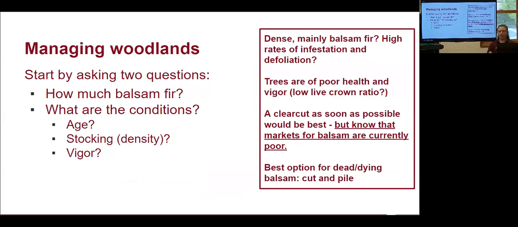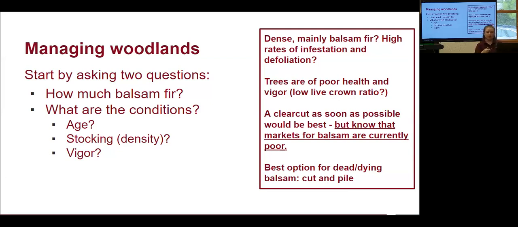So now let's consider a situation where your woodland is made primarily out of balsam fir. And knowing balsam fir and how it grows, it's probably very dense, where the trees are right next to each other. They're probably pretty skinny and just very densely packed forest. And up here, there's probably a good chance that that stand is already infested, experiencing some level of defoliation. So it's made primarily out of balsam fir, and then you want to see what is the health and vigor of the trees in that forest.